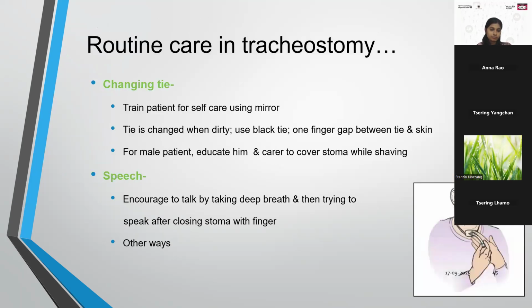Certain things will become difficult, like eating and swallowing. So you have to see to it that thick liquids are given rather than very thin liquids, so the patient will have less problem.